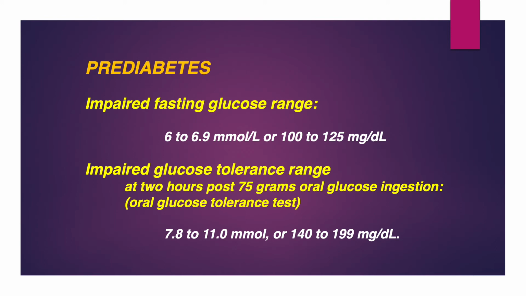For those who can undergo an oral glucose tolerance test, such as the older children and adolescents, levels ranging from 7.8 to 11 millimoles per liter or 140 to 199 milligrams per deciliter are likewise considered impaired. These levels are called pre-diabetic range, rendering the individual at increased risk of developing diabetes.